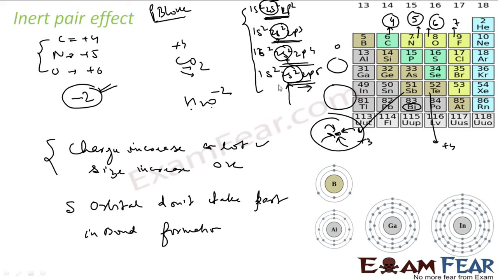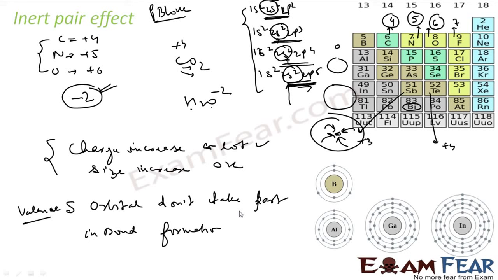That is something we know. But in this case, as you go down, the size increases a little less and the charge increases a lot. So these electrons are hogged by the atom, and the valence s orbitals don't take part in bond formation.